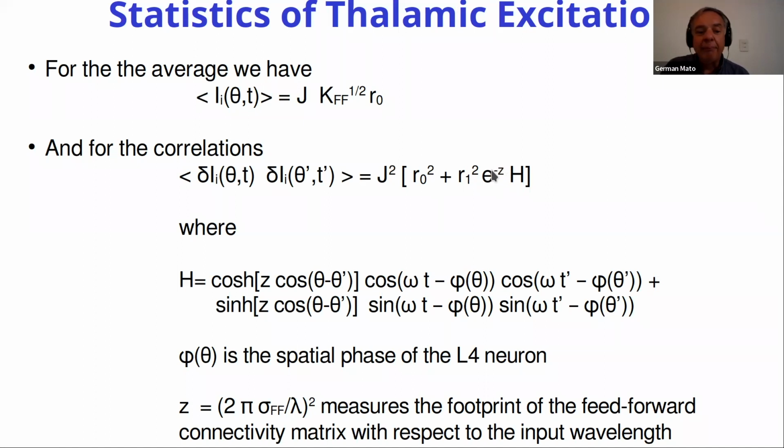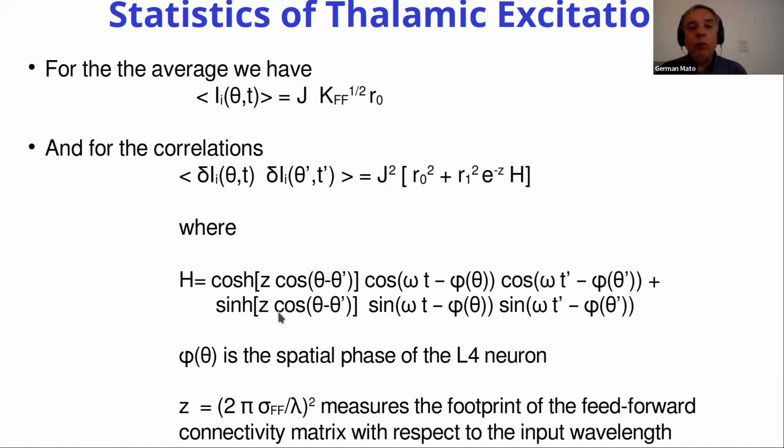It's called Z. Z essentially measures the footprint of the feed-forward connectivity matrix with respect to the input wavelength. So in some sense, it's an adimensional way of measuring the width of the connectivity matrix. And we have some quantitative expression for the correlations.